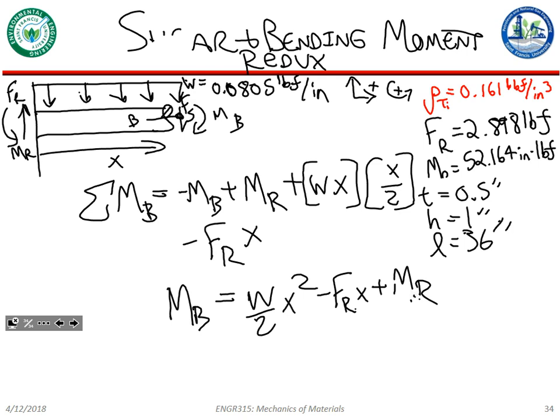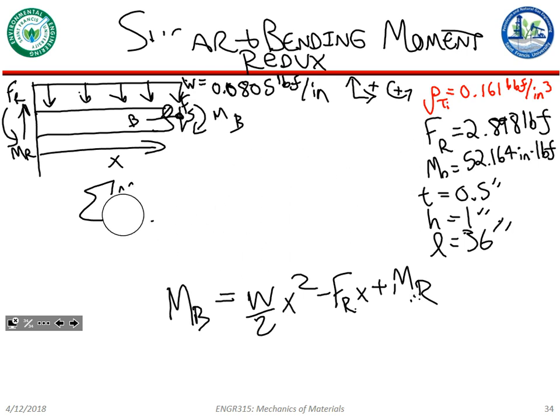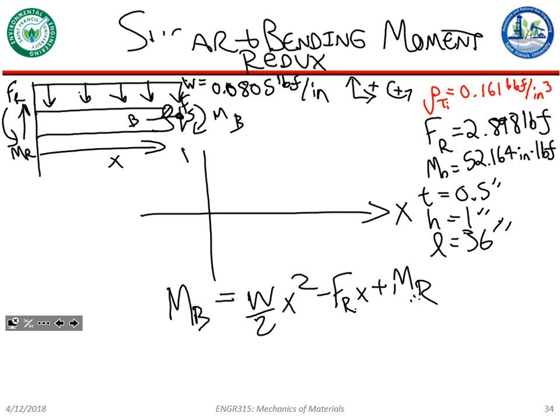If we wanted to graph that, we could say, okay, at x equals 0, we'll start off at MR. And then, how do I want to say this? For small x, that should dominate first, right?